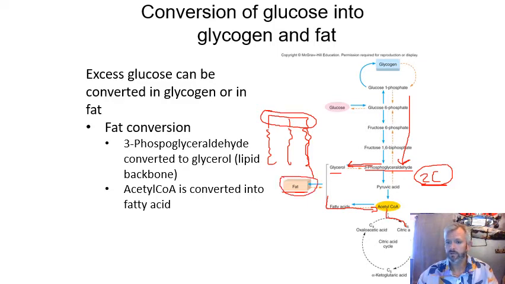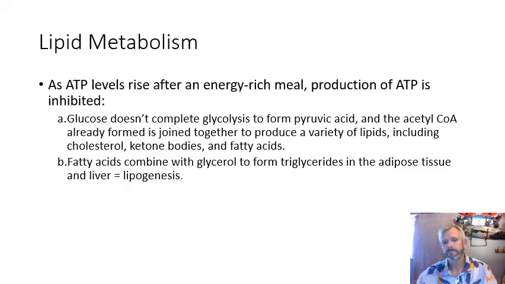Again, the 3-phosphoryls becomes our backbone, and our acetyl-CoAs, we add them together to make our long chains of fatty acids. Right? So this side just basically expresses what I expressed on the previous slide.